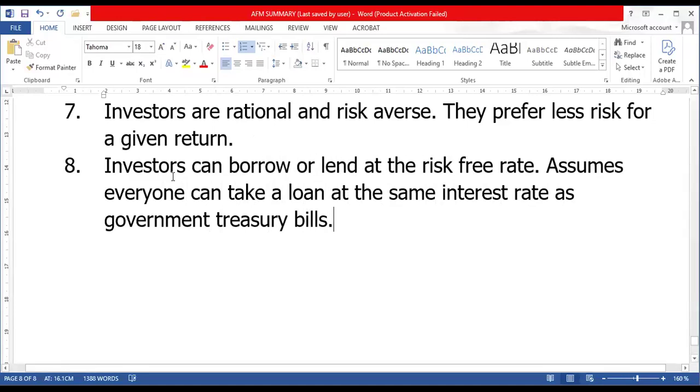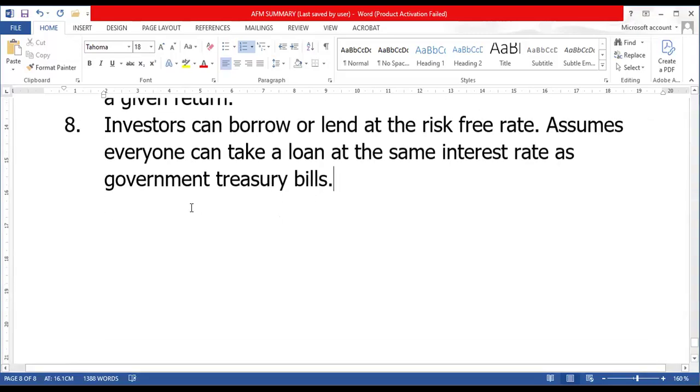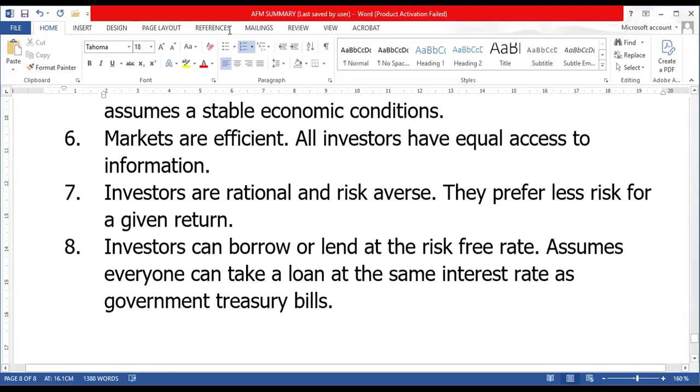So this model assumes that investors can borrow or lend at the same rate as the rate on government treasury bills. But of course, in real life, this is impossible. So those are some of the points, guys.